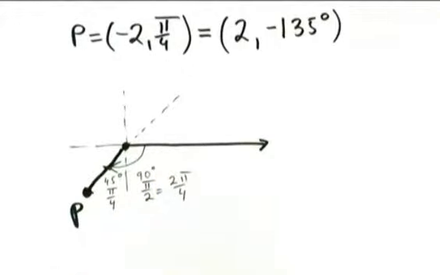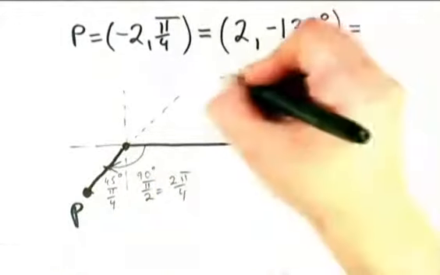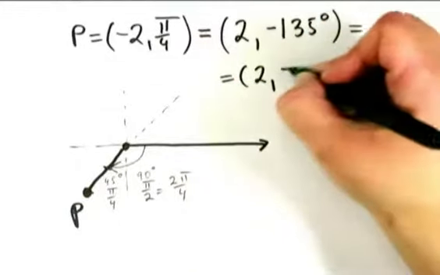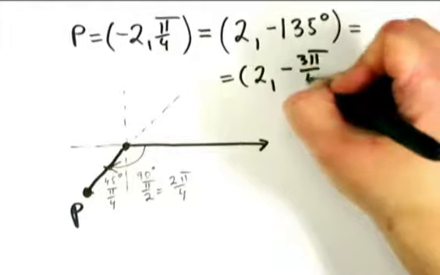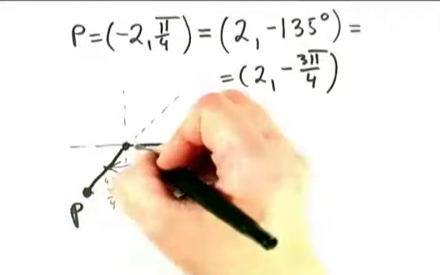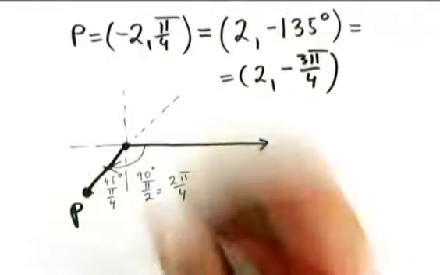So we can add them, so this can be written also that this is 2 and -3 pi over 4. And we go in the negative direction.